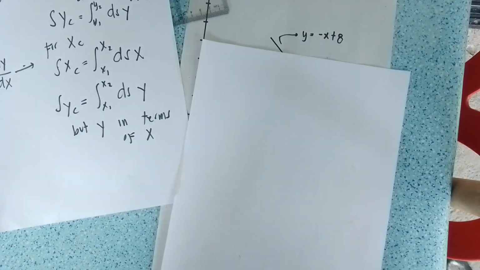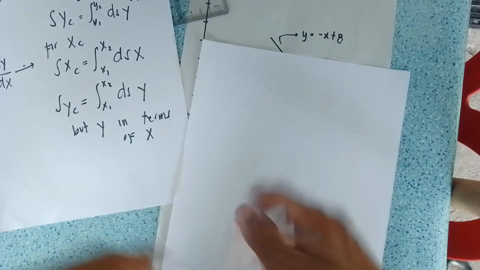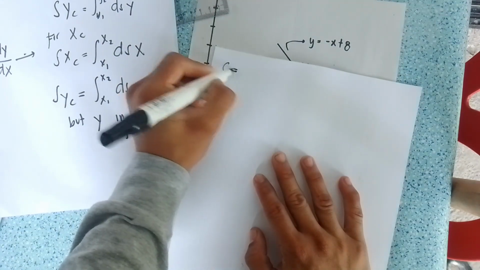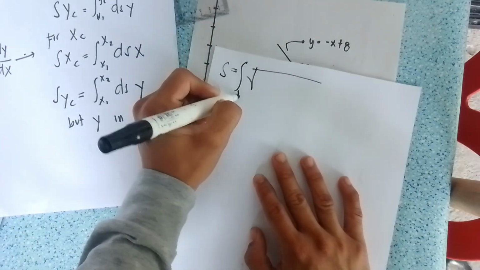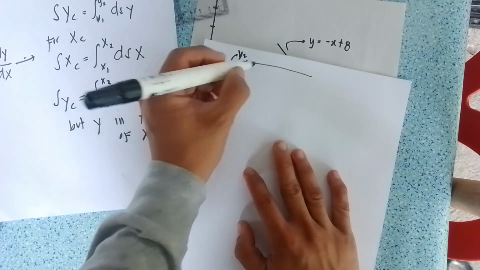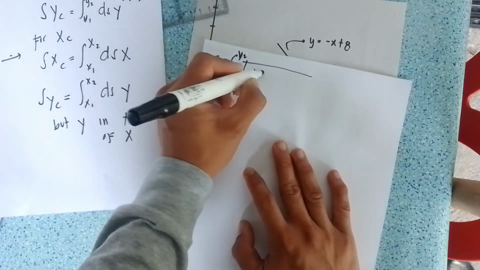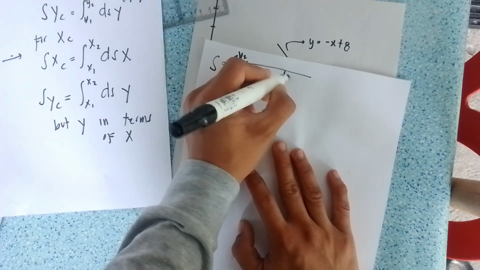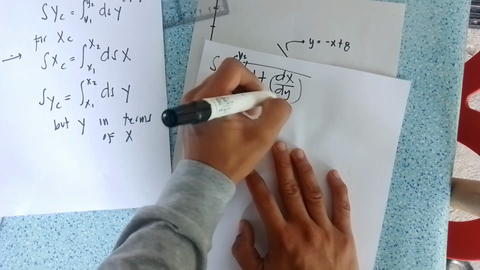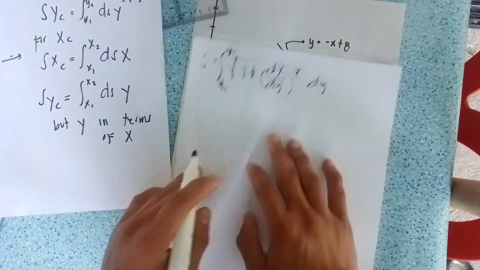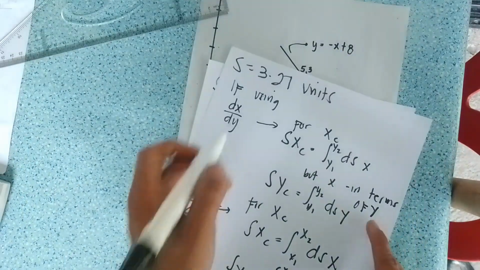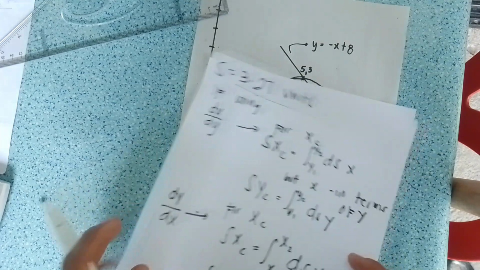Okay, so from our previous video, we know that our formula is s is the integral with limits y1 up to y2 of the square root of 1 plus dx over dy quantity squared dy, and we already have the arc length, which is 3.27 units.